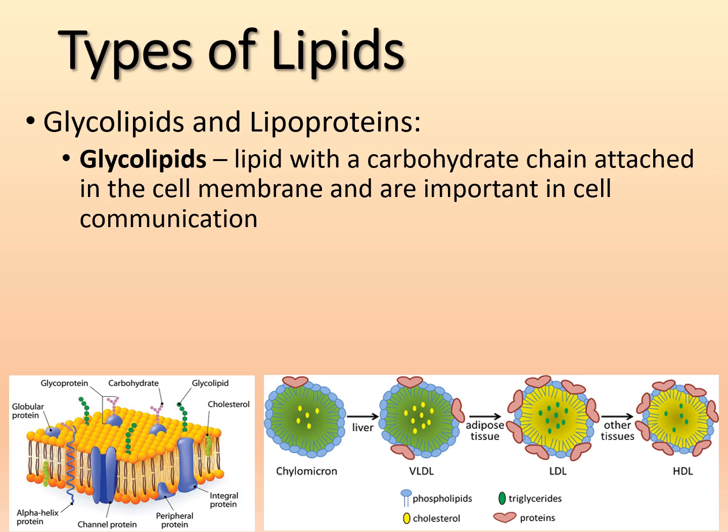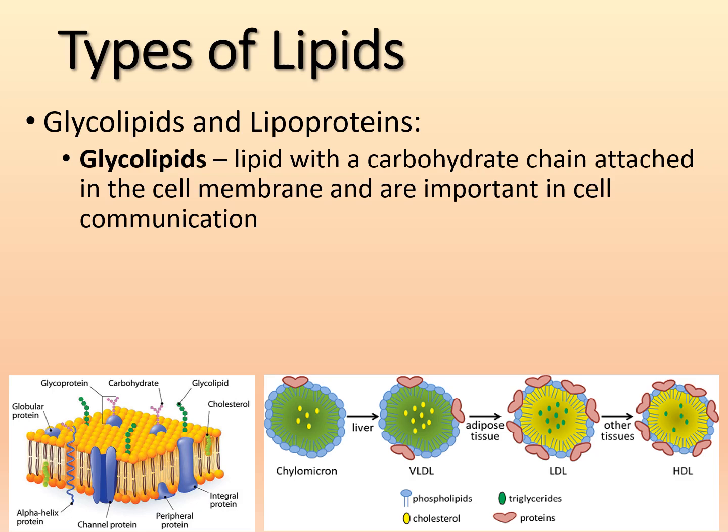So if we look at our bottom left-hand picture, we've got our phospholipid bilayer creating that cell membrane. We've got some proteins in there. And then you notice we've got these little chains of things sticking up out of the membrane. And one of those is a glycolipid.